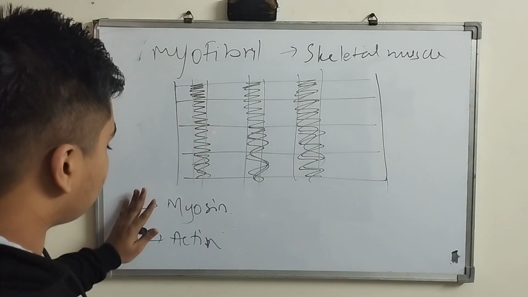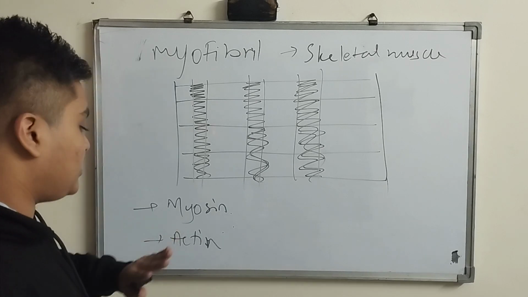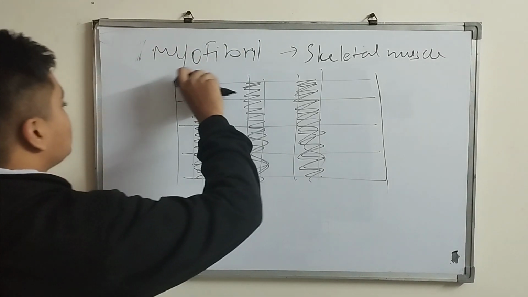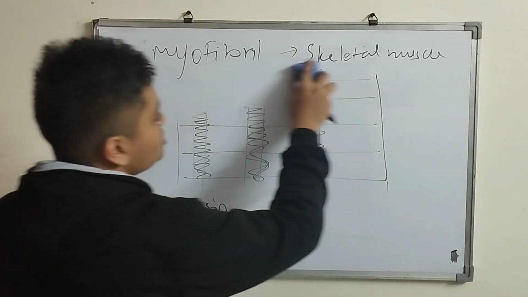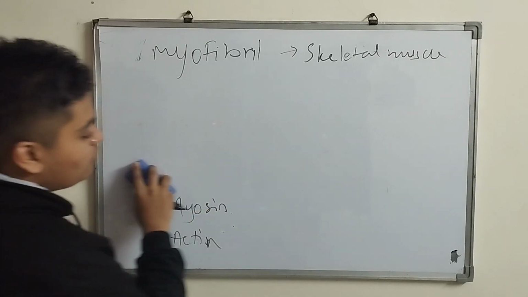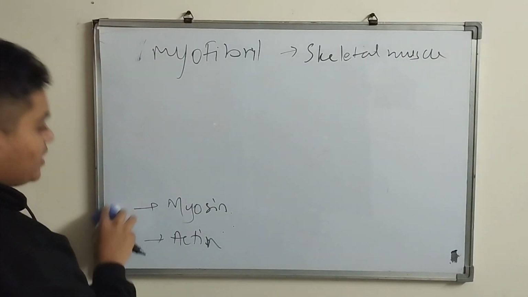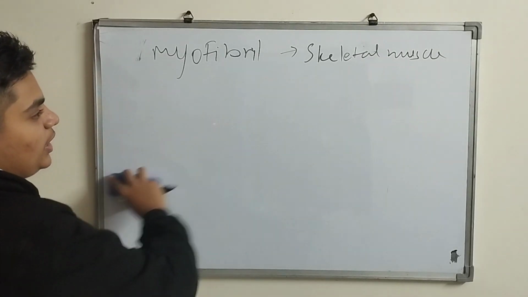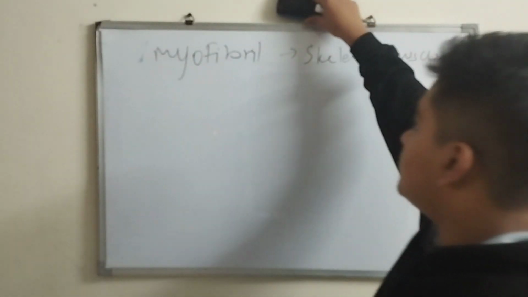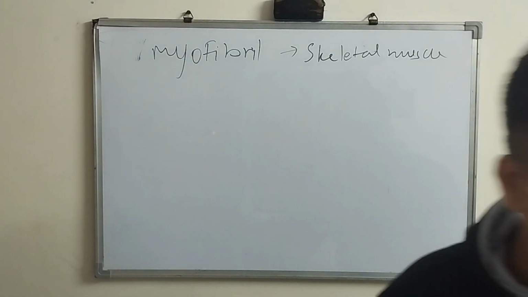Myosin and actin structures, if you check, have a head of myosin and then the actin. Now let me draw the exact diagram given in our NCERT, which will make it very clear.